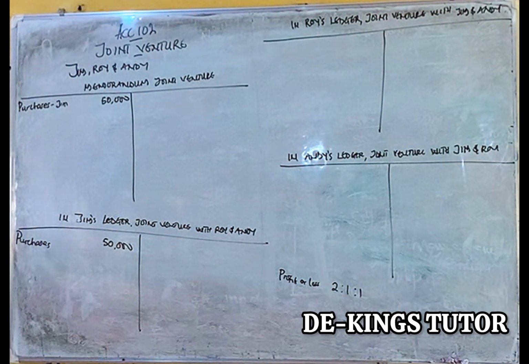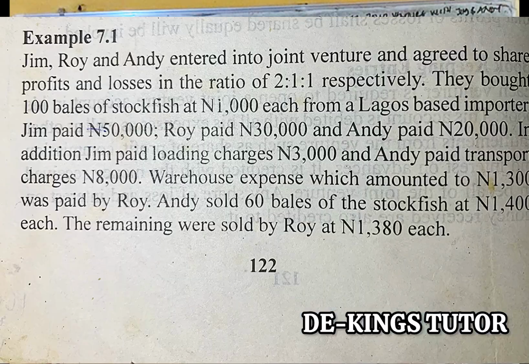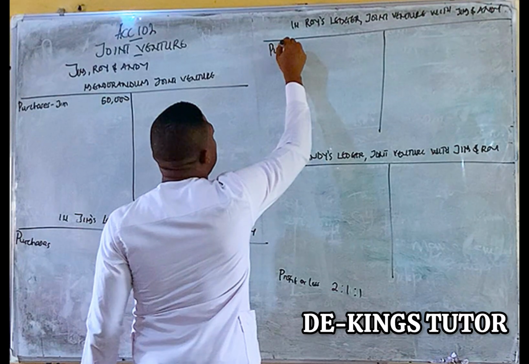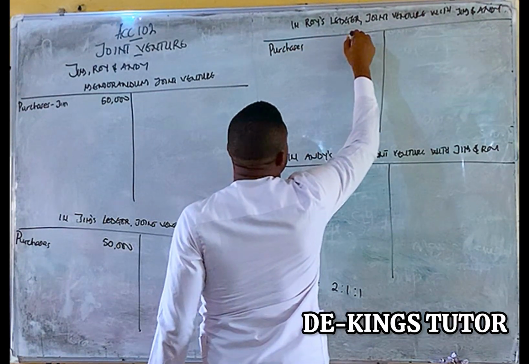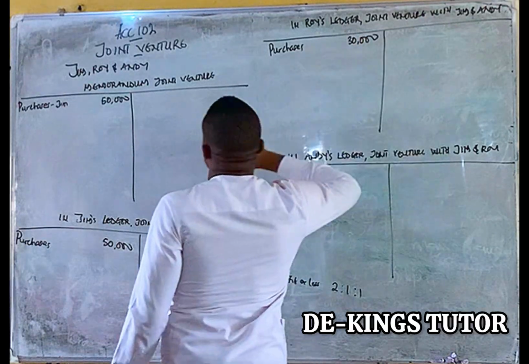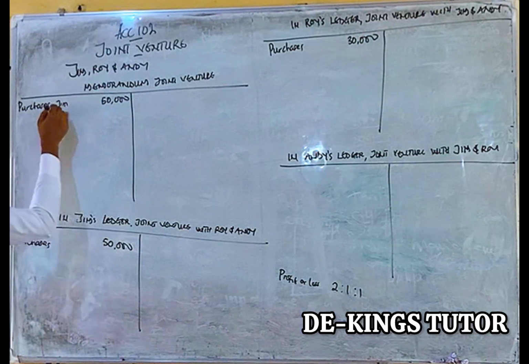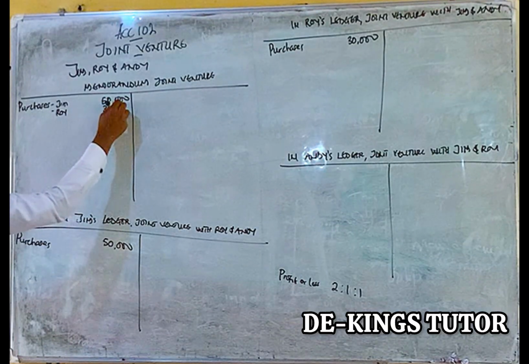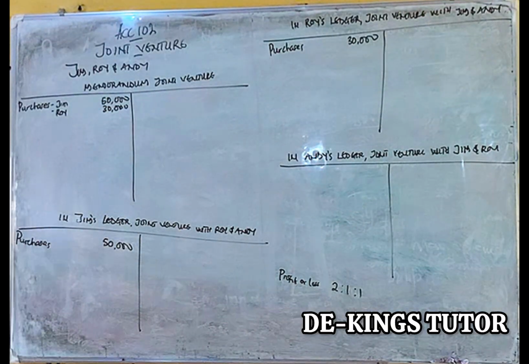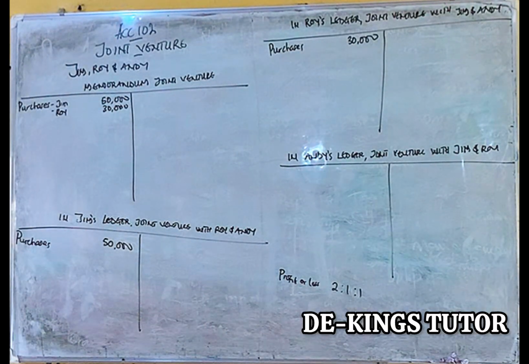Are we there? Continue. Roy paid 30,000. So in Roy, the same thing. Purchases, Roy paid 30,000. Are we there? The next one.